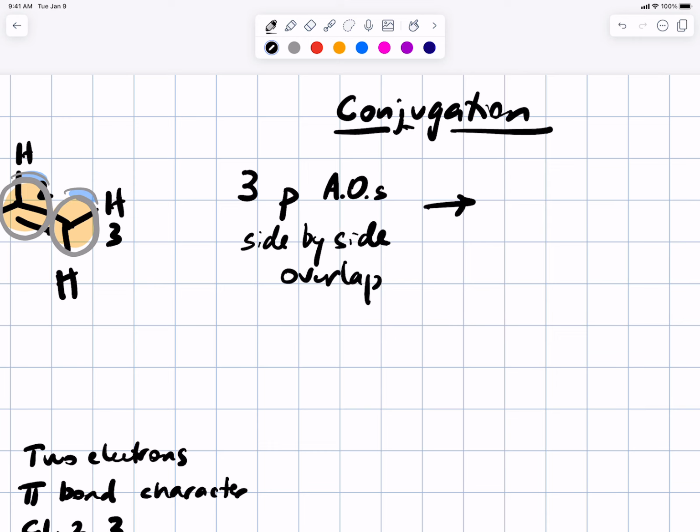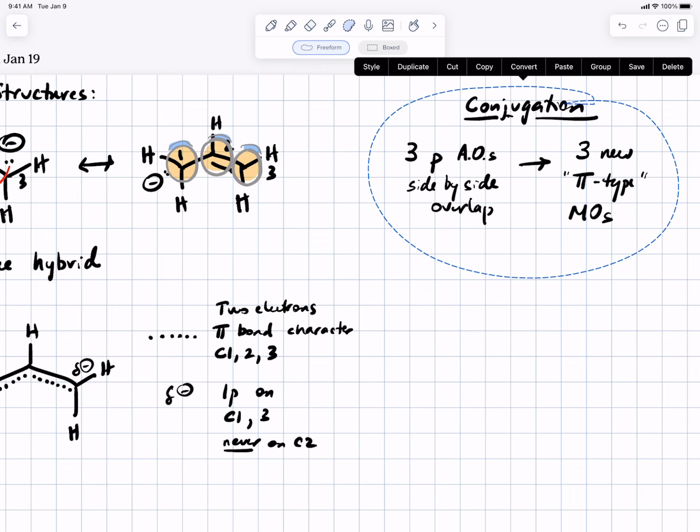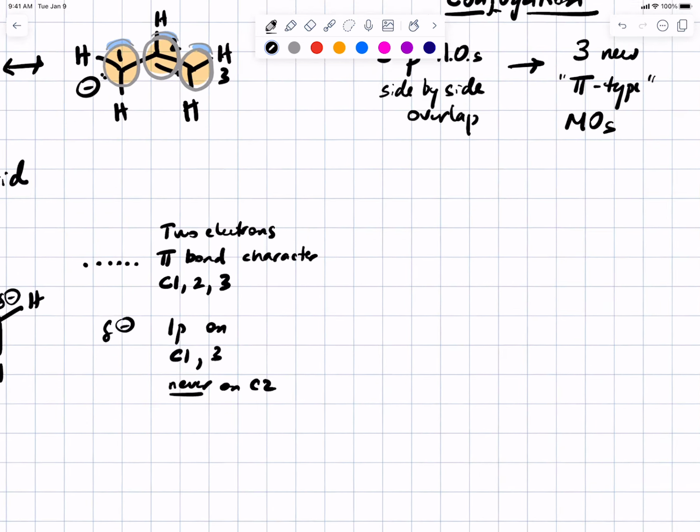And I'm going to get out of this 3 new pi type, there's our Pokemon term, molecular orbitals, okay? You don't need to understand the math or the logic for where these orbitals come from. You do need to be able to look at drawings of these orbitals and be able to rank them in energy. So let me show you what they are.